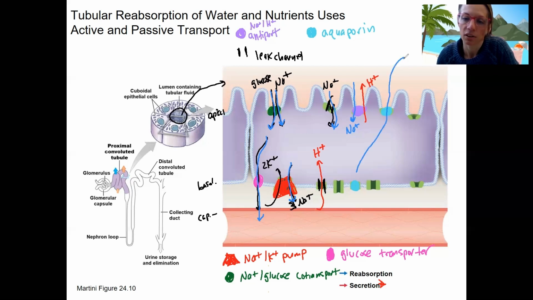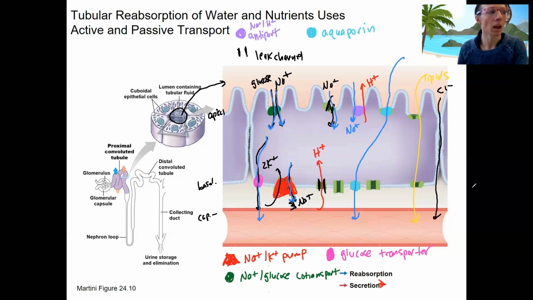Water moves in through aquaporins. Then we've got lipids, which can just diffuse. Some other substances such as chloride, some other ions are going to actually diffuse in between the cells. They can sneak in there. Okay, that's most of it. One more thing though.